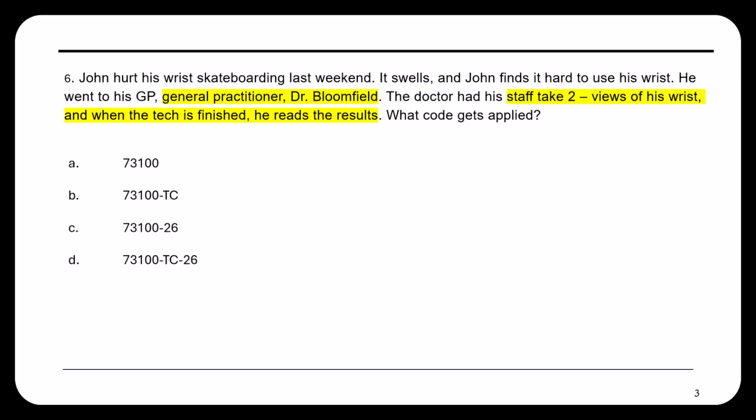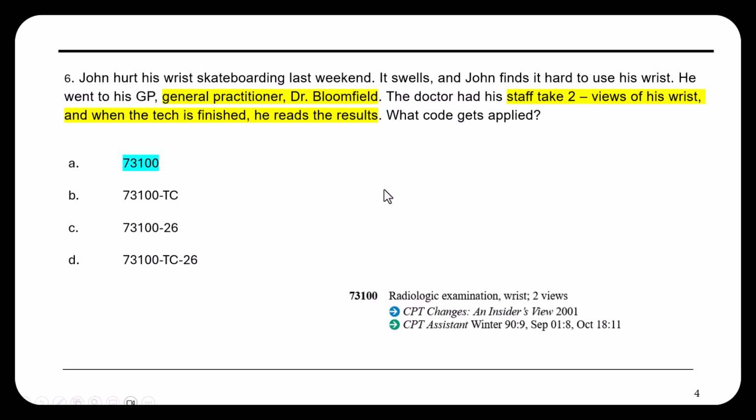So we would use A, 73100, because the person came in, had 2 views of his wrist done, and then the doctor read those results. So the doctor gets full credit for taking the exam and reading the results.